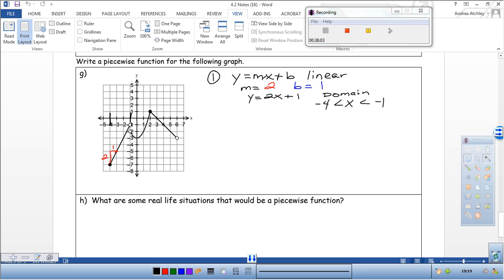At -4, can it equal -4? Yes, it's a closed-in circle, so it can equal that. So you have to put an equal sign underneath that. So it's a closed circle.